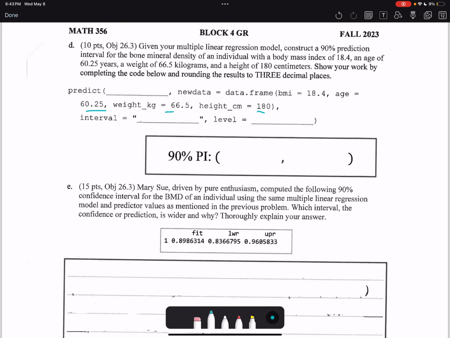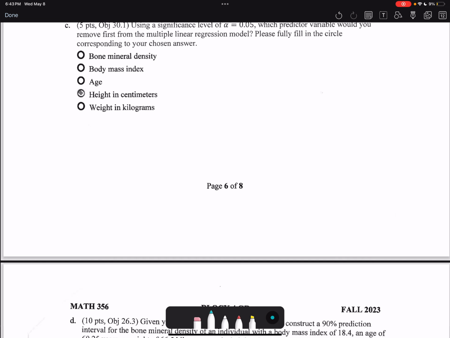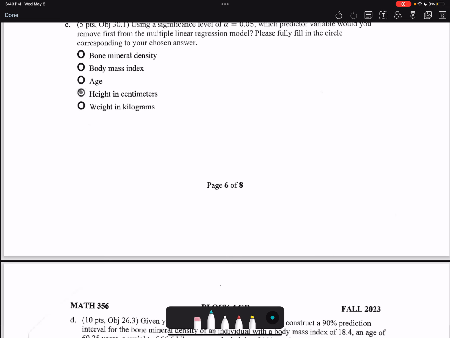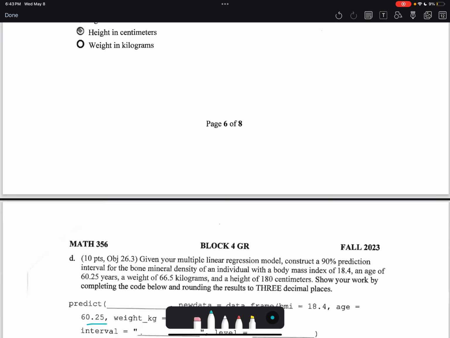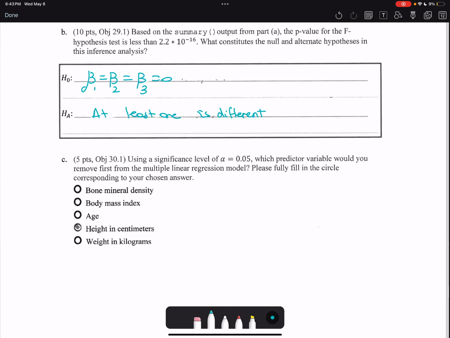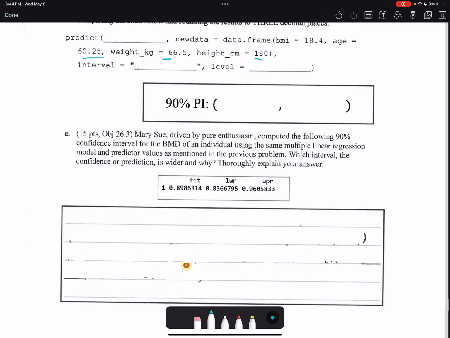They want us to predict, I'm not sure what to put here. I think we need to use our model. So I will put my model in. I'm pretty sure we need to put the model in. So what was the model number? Bone mod 2, the one with the different predictors. So bone mod 2, and then you get a confidence interval.